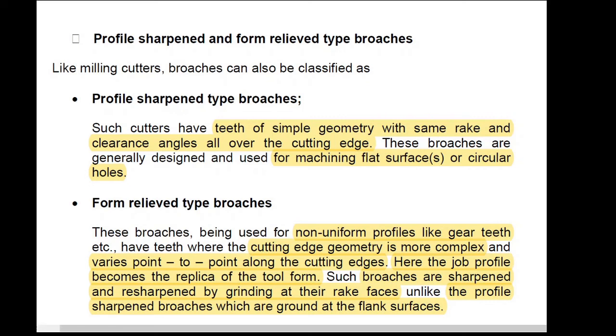Form relieved type broaches are commonly used for non-uniform profiles like gear cutting. Here the cutting edge geometry is more complex and varies from point to point along the cutting edge. The grinding methods for profile sharpened type broaches and form relieved type broaches are different.